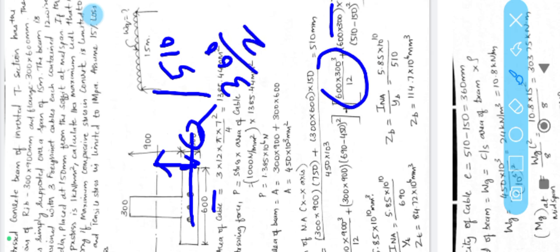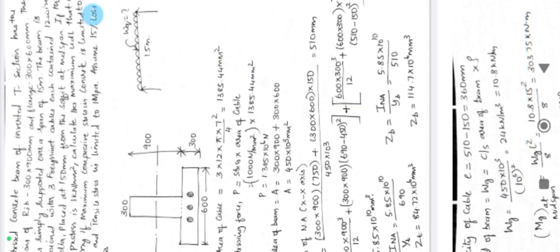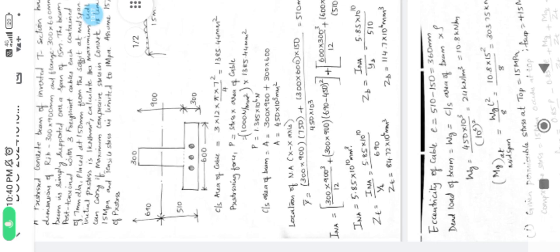I hope it is clear to all of you. That is how we compute the moment of inertia, which is obtained as 5.85 into 10 power 10.